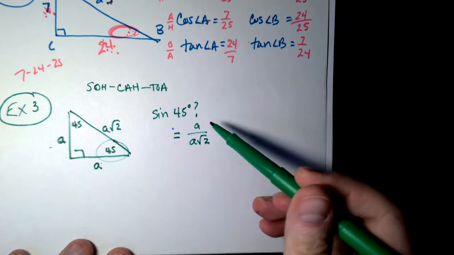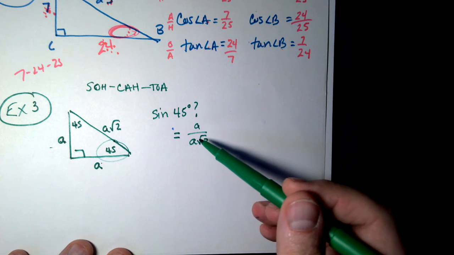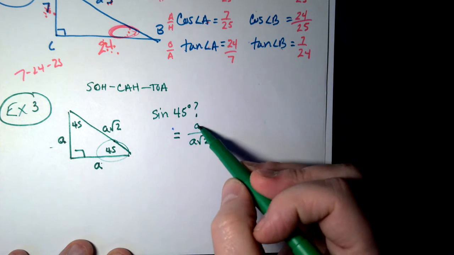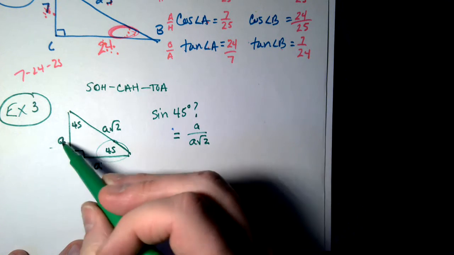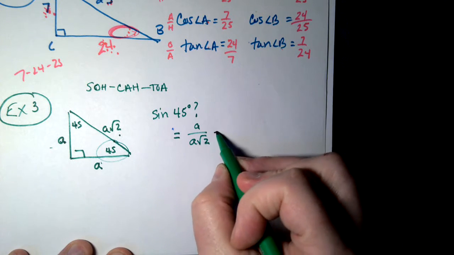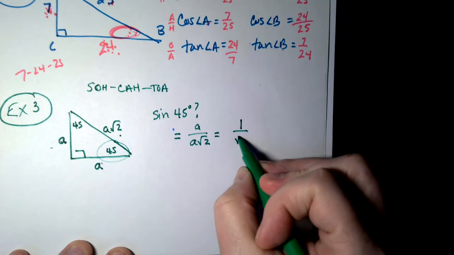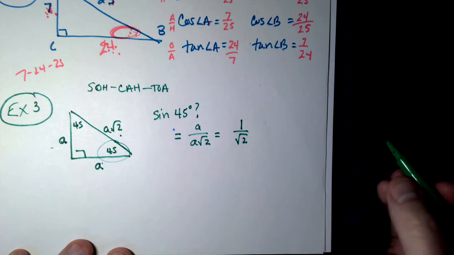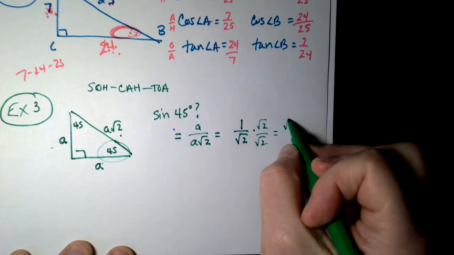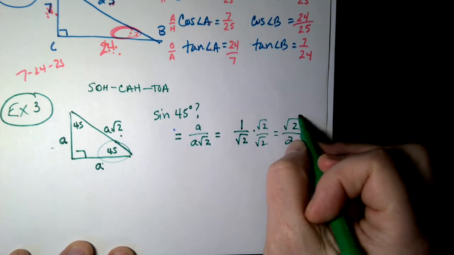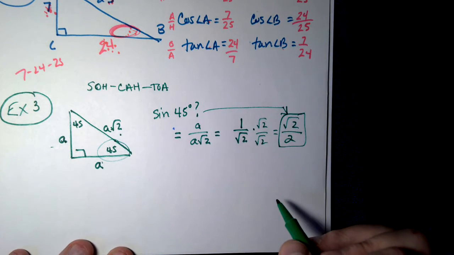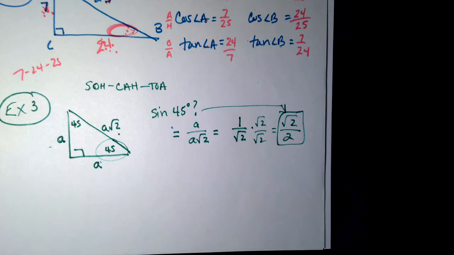The only thing is you can't leave it as A. Whatever number we put in, like 8, 8, and 8 root 2, the 8s would cancel, or 10, 10, and 10 root 2, the 10s would cancel. So this would give me 1 over the square root of 2. We can't leave a square root of 2 on the bottom, so we rationalize the denominator. And the sine of 45 degrees is the square root of 2 over 2.